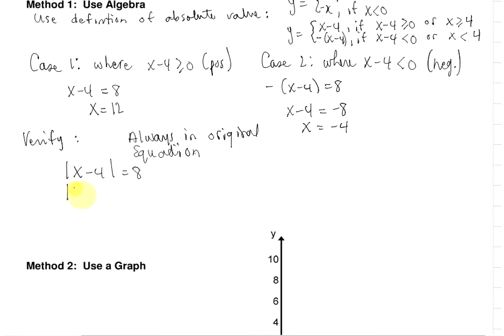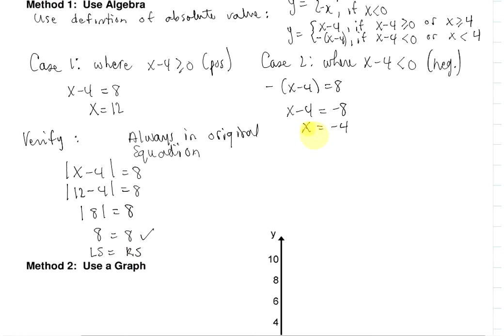So plug in 12 for x. And then we want to simplify inside the absolute value symbol. 12 minus 4 is 8. And the absolute value of 8 is equal to 8. And so the left side equals the right side.